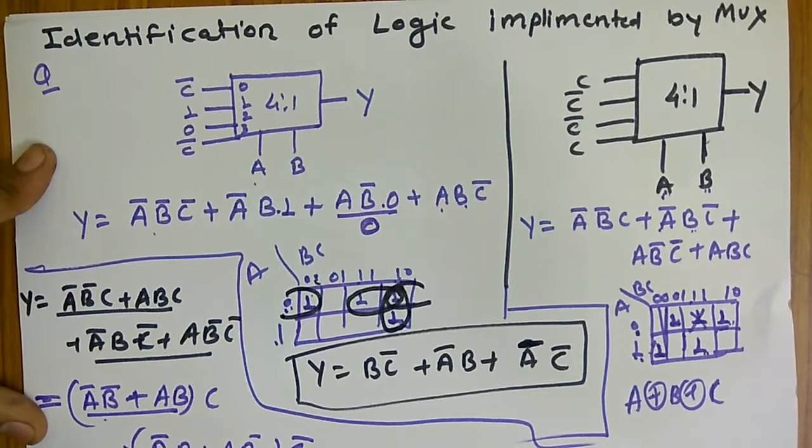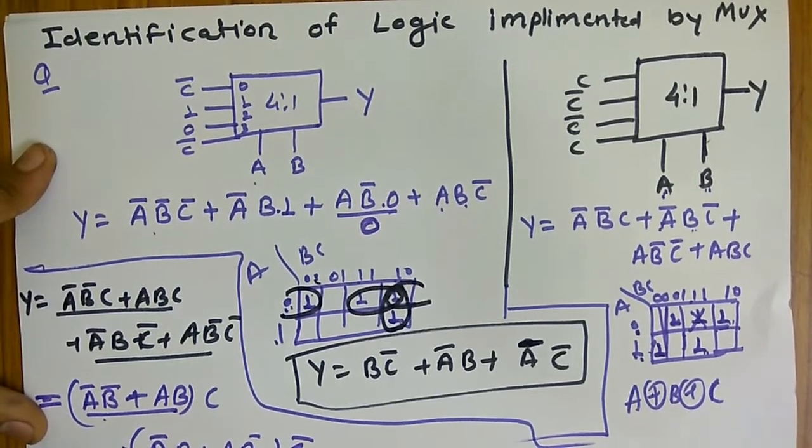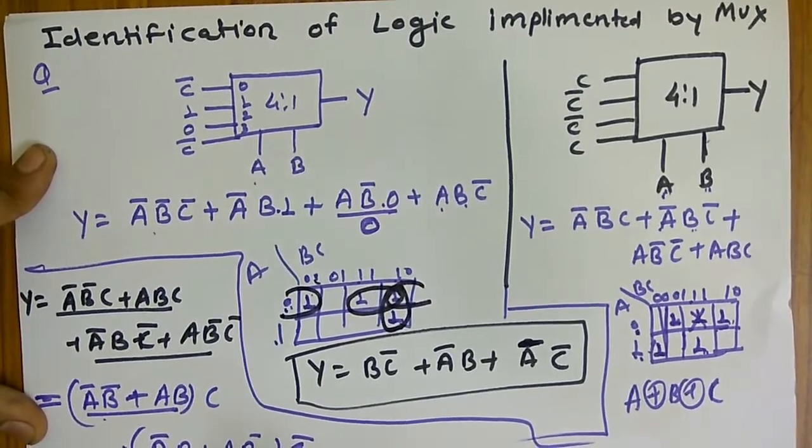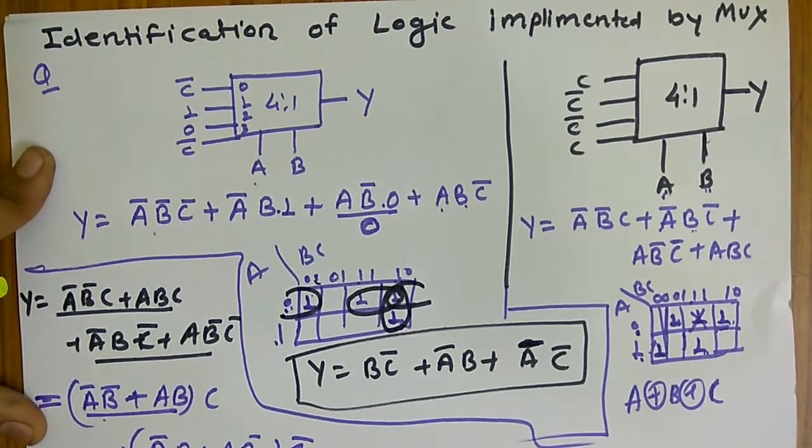So A XNOR B into C plus A XOR B into C bar. This is nothing but A bar into B plus A B bar.